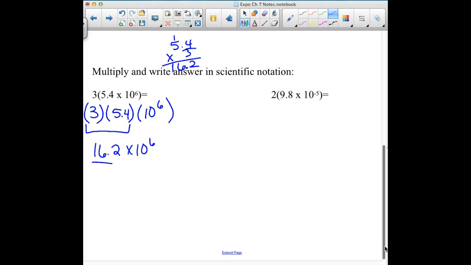What we really want is for our decimal point to be right there. So we need to convert this to 1.62, and now our trick is we have to figure out what's our new power of 10. If you think about what the 6 originally would have meant, we would be moving 6 places this way. If we move back 1 to get to this same spot, we now have to move 7 spaces. So we need a power of 7.